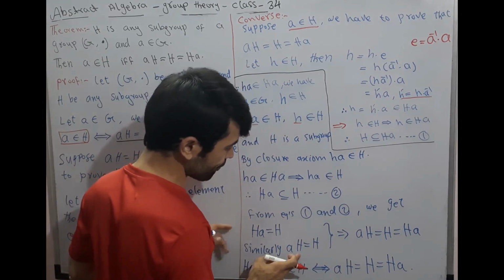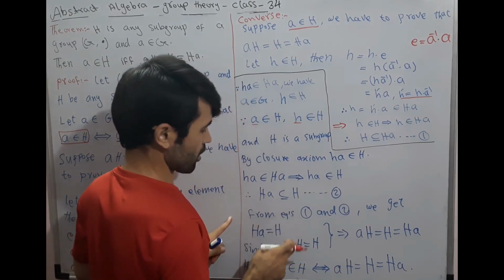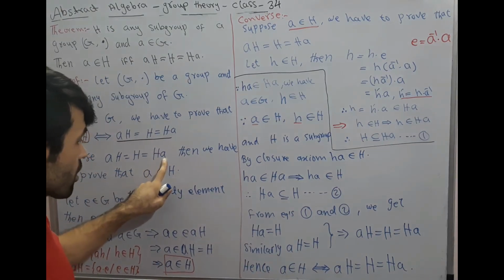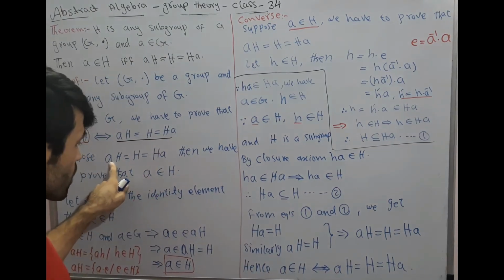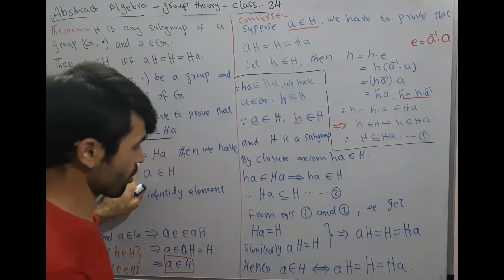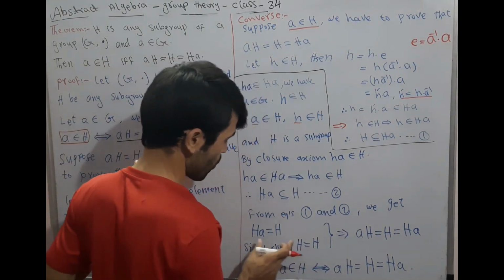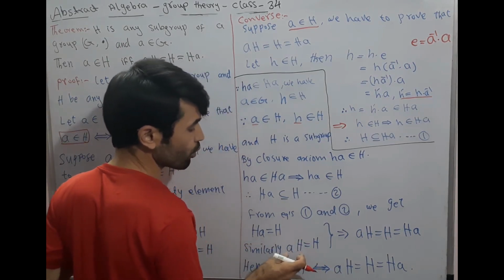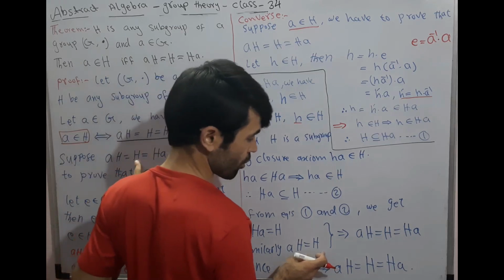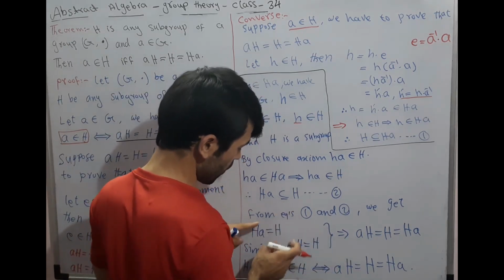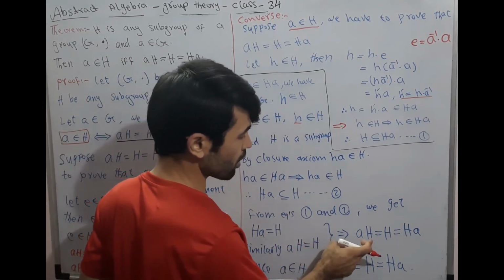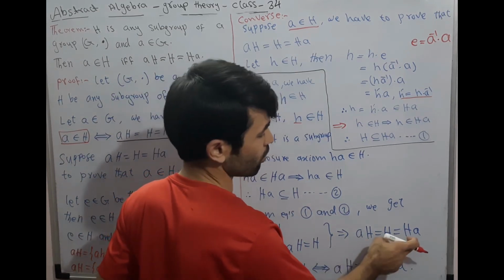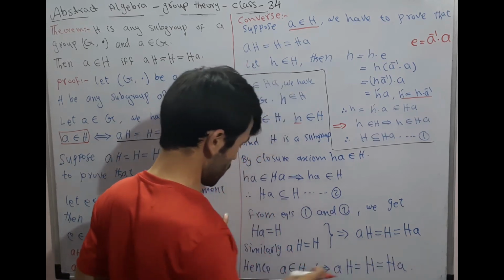Similarly, we can prove that the left coset equals H. We proved that the right coset equals H, and similarly, the left coset also equals H. From these two relations, we can conclude that the left coset equals H equals the right coset.